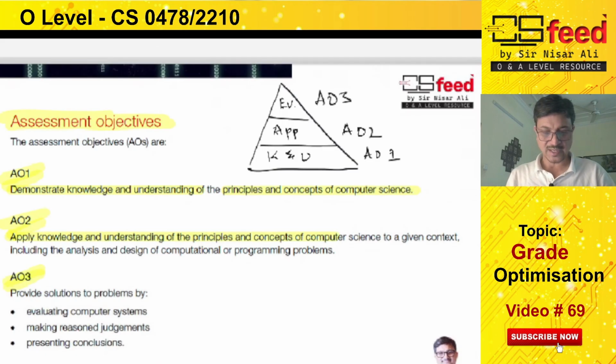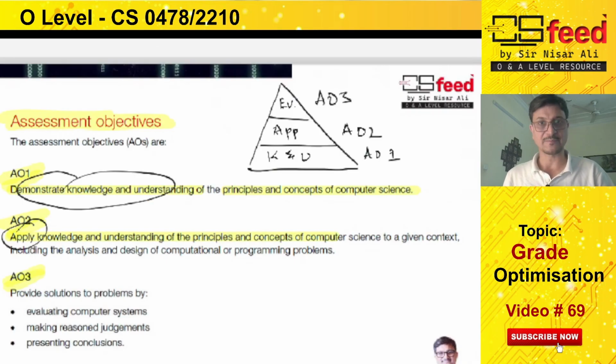AO2 is the application of the knowledge. AO1 is demonstrating the knowledge and the principles. And AO3 is very important, and this is the highest level of your understanding. It has 3 things: evaluating a computer system, making reasoned judgments, and presenting conclusions. You should memorize these 3 points.